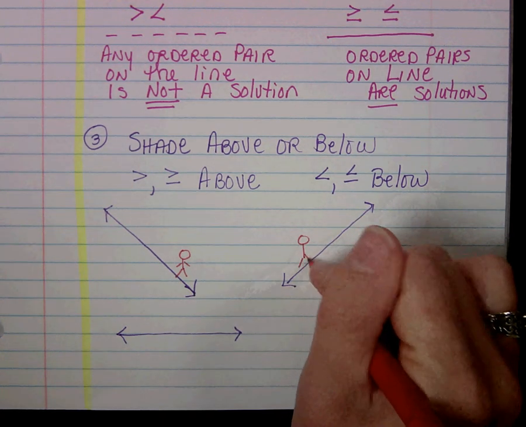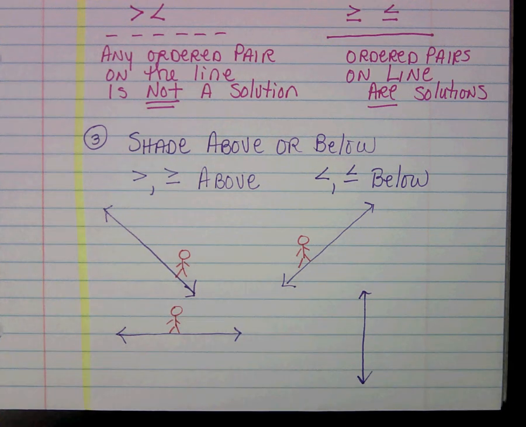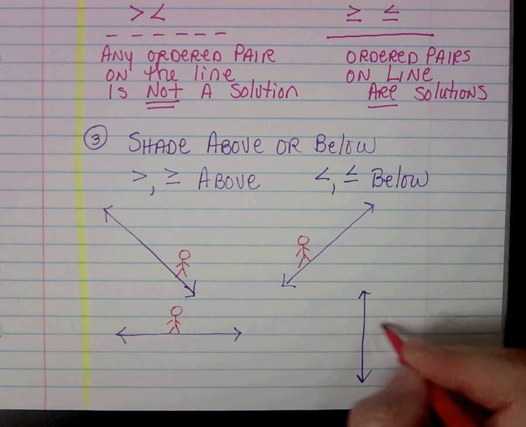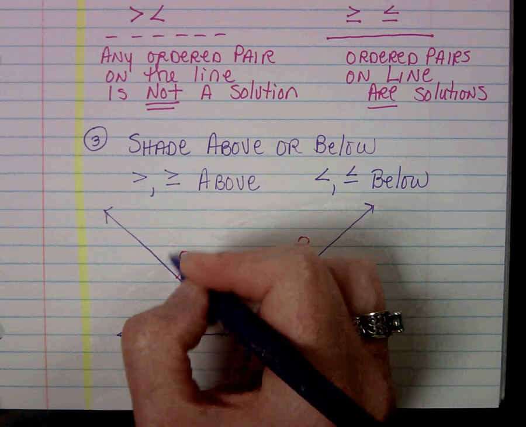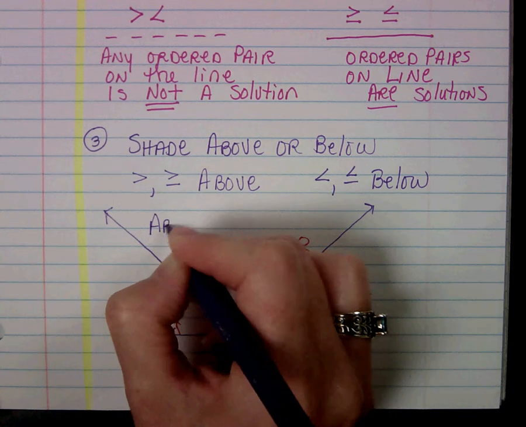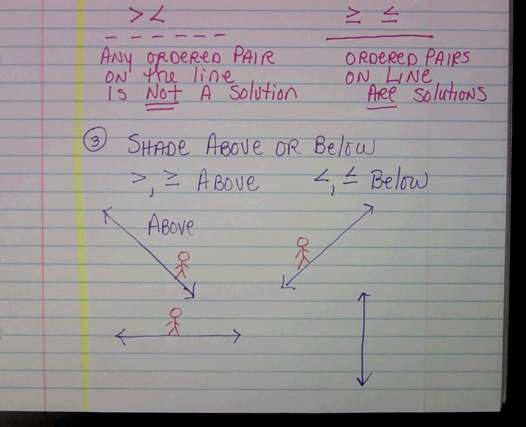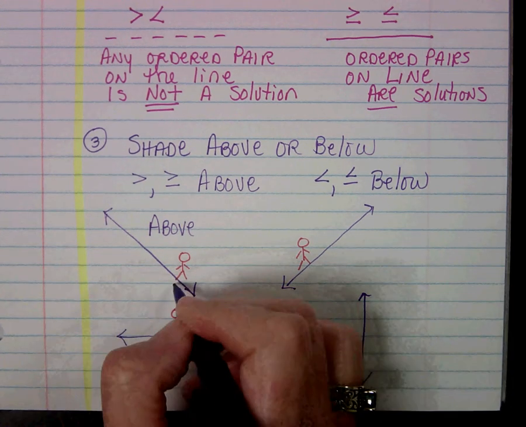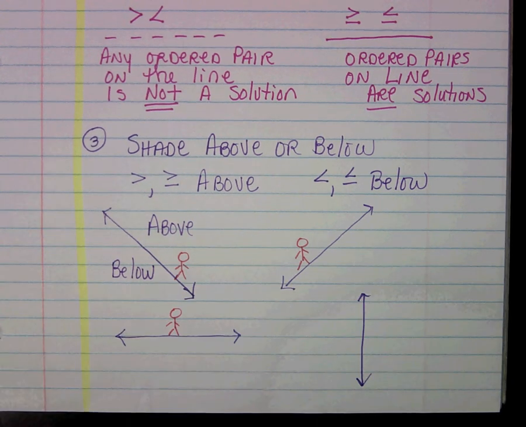Even if you need to, draw a person where you would walk on the stairs. Now we're not Spider-Man, so I'm not going to draw a person on our vertical line. So if we have a negative sloped line, where you walk is above the line. You can think of it as the sky is up above your head, so this would be considered above. And under your feet, below the stairs, is the ground, and so this is below.